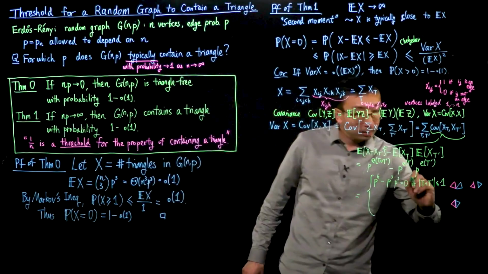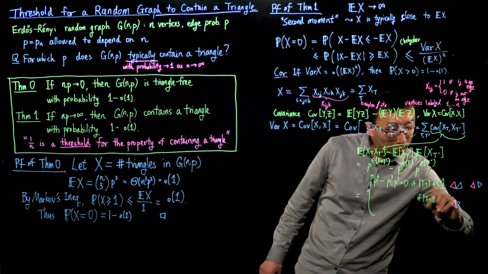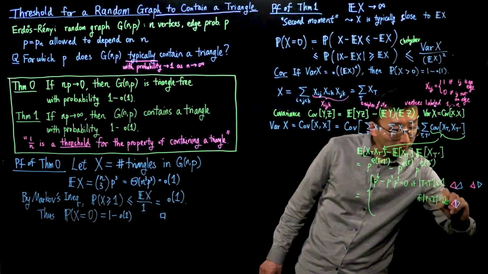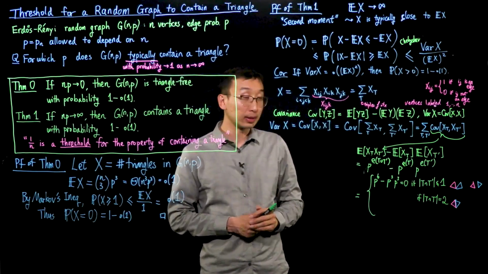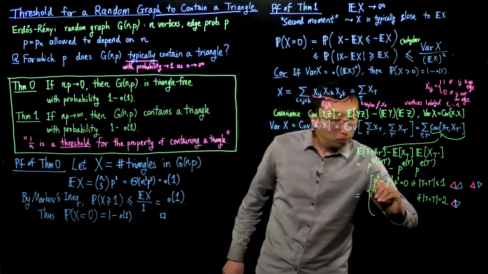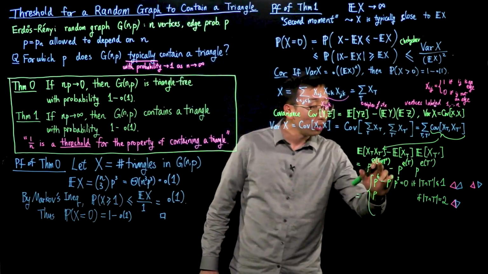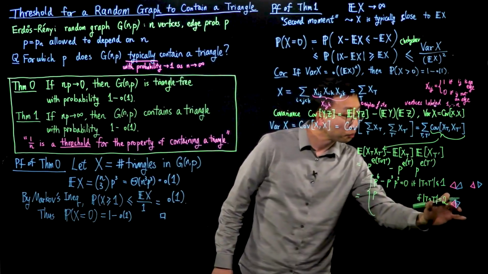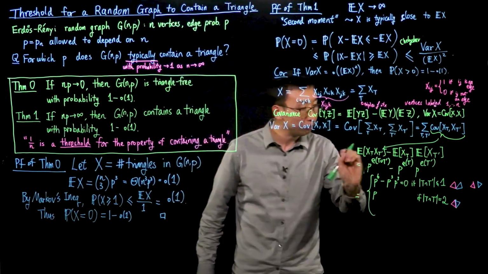In the second case, when these two triples T and T prime overlap in exactly 2 vertices, here they are. I think I misspoke earlier.